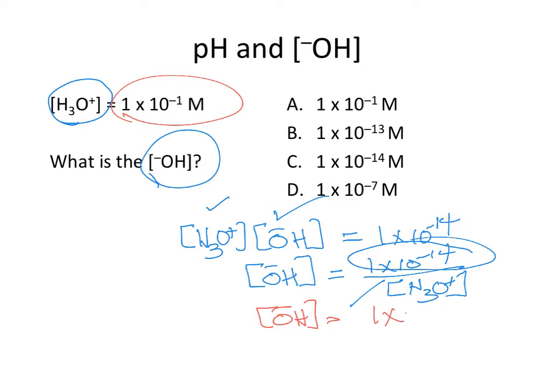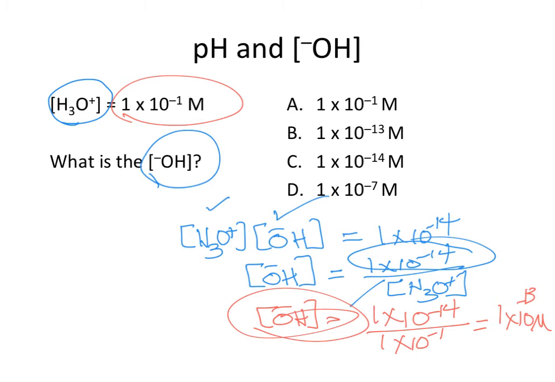In your calculator, it'd be 1 times 10 to the minus 14, divided by the given concentration of hydronium ion, 1 times 10 to the minus 1. When you plug that into your calculator, or if you can do mental math, it is pretty clear that the answer is 1 times 10 to the minus 13 molarity, the concentration of the hydroxide ion in this solution.